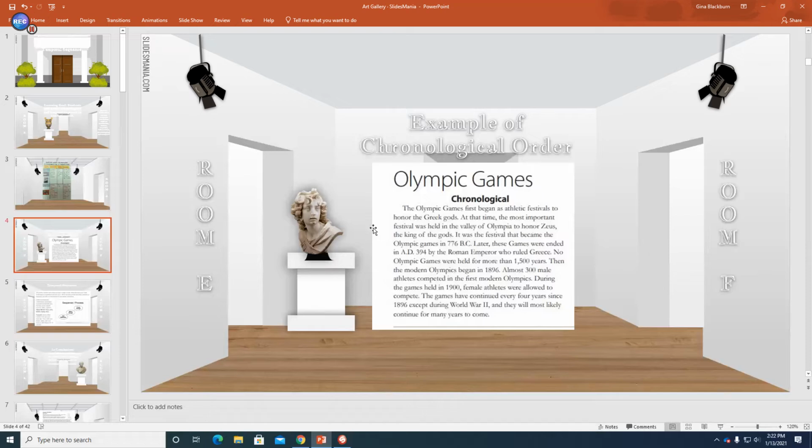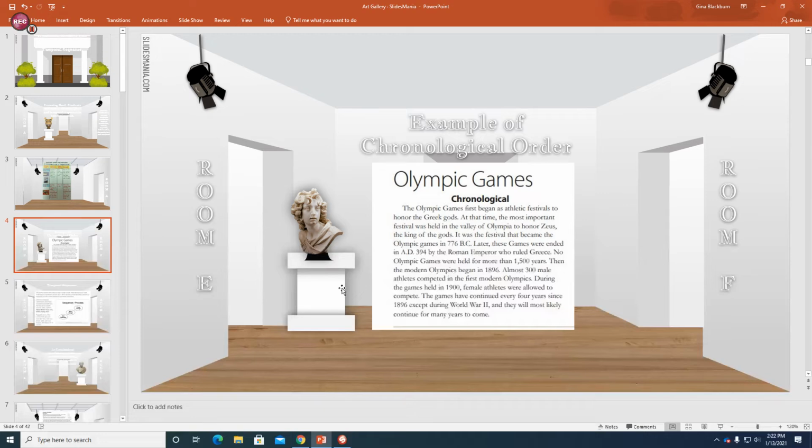Later, these games were ended in AD 394 by the Roman emperor who ruled Greece. No Olympic Games were held for more than 1,500 years. Then the modern Olympics began in 1896. Almost 300 male athletes competed in the first modern Olympics. During the games held in 1900, female athletes were allowed to compete. The games have continued every 4 years since 1896, except during World War II, and they will most likely continue for many years to come.